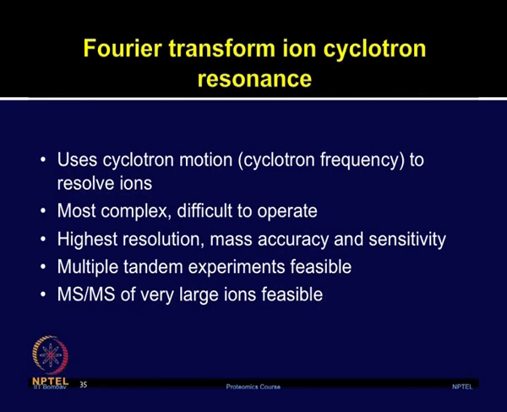It uses cyclotron motion or cyclotron frequency to resolve the ions. Although operationally it is very complex and not very easy to operate, it provides the highest resolution, mass accuracy and sensitivity. It also provides the capability of multiple tandem experiments, and MS of very large ions is possible by using FTICR MS.